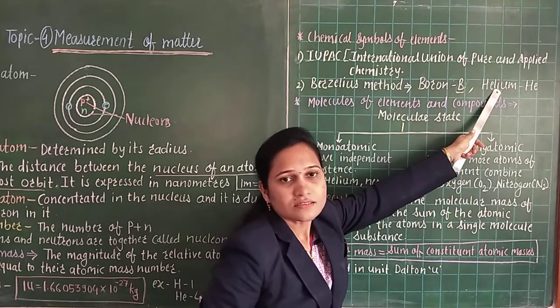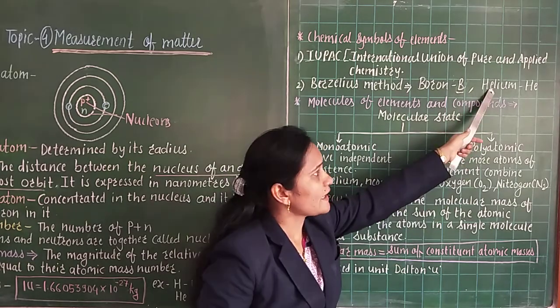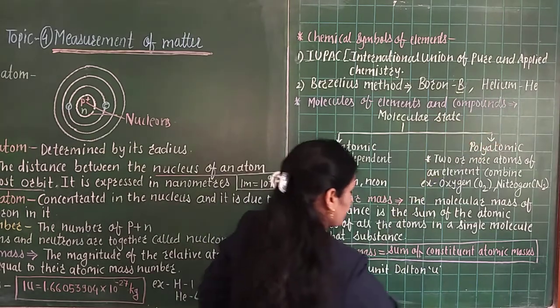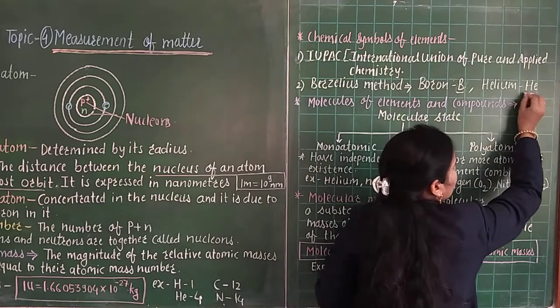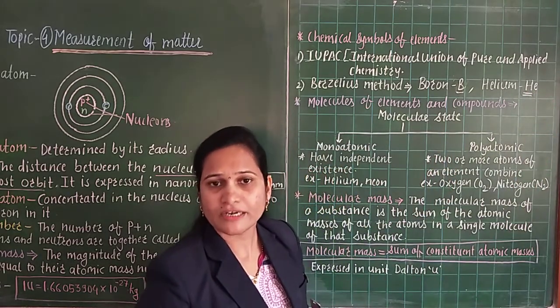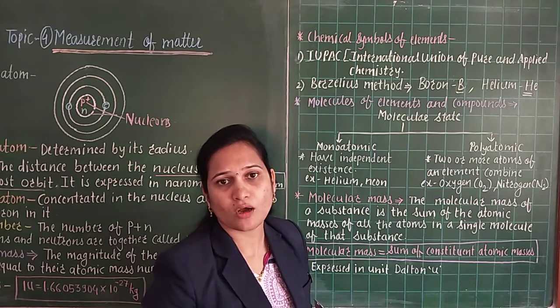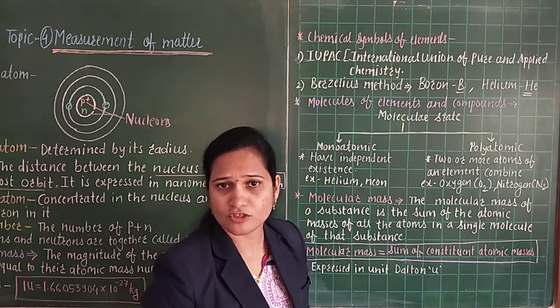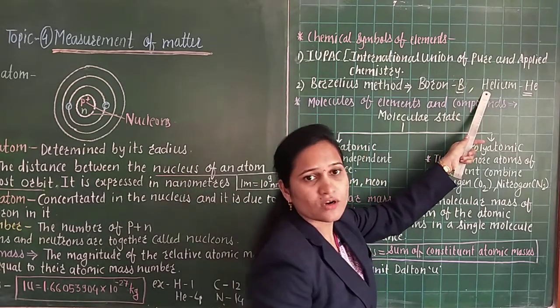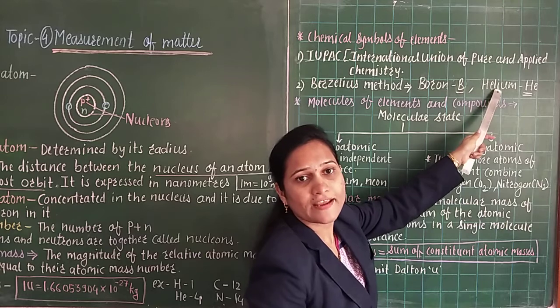And another example I have written here, helium. In helium, if we take only the first letter, then what will be the symbol for helium? Only H. But H is already the symbol we use for hydrogen. So here we can use the next letter to write the symbol of helium.